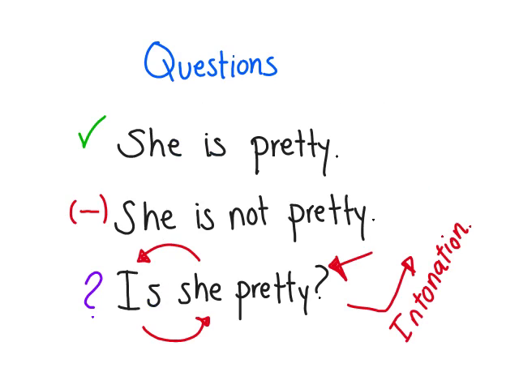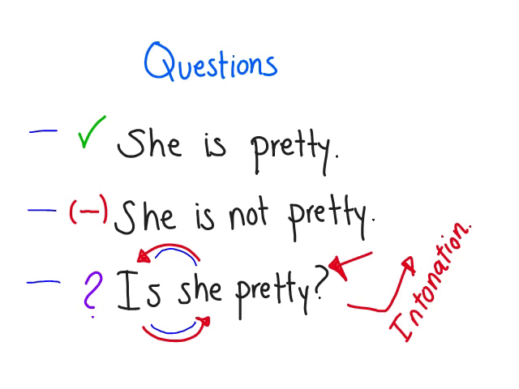Now, the questions in the verb to be are very simple, but there are a couple of things that you have to pay attention to. In the first one, we have an affirmative sentence. She is pretty. And in the second one, we have a negative sentence. She is not pretty. How do we make the question? Very simple. We have to make this inversion of the verb to be and the subject.